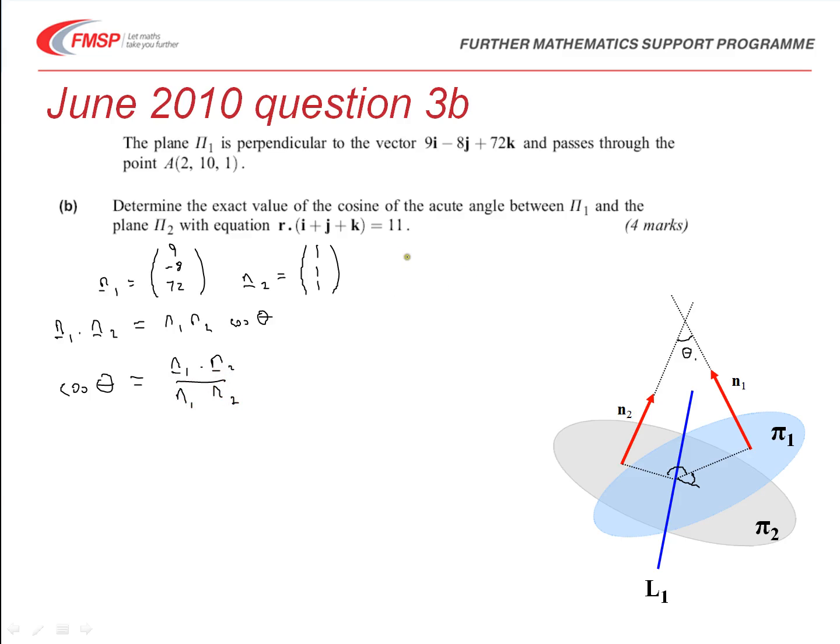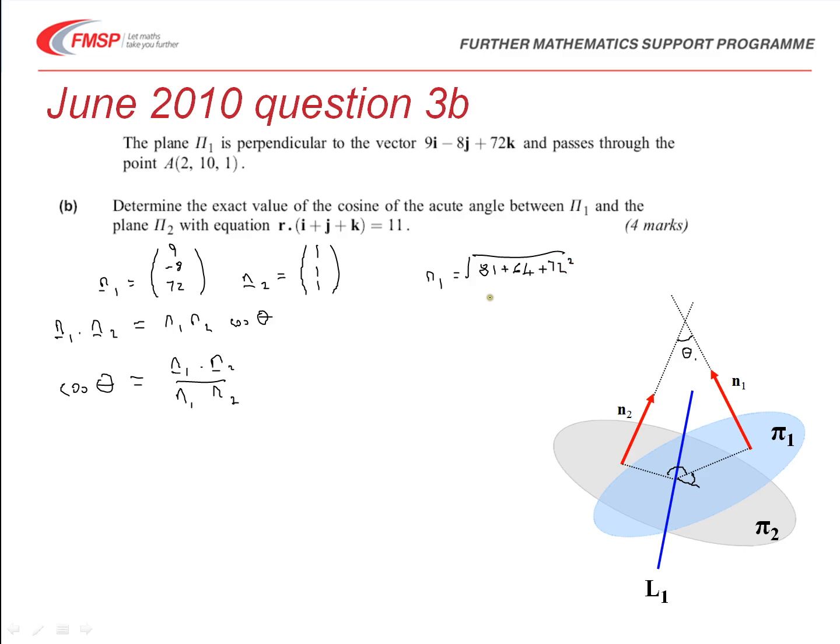So what do we need? Well, let's firstly work out the lengths of these vectors. So the length of n1 is going to be the square root of 81 plus 64 plus 72 squared. I'm just going to write 72 squared at this point, and then I'll throw all of that into my calculator to get the value for that.